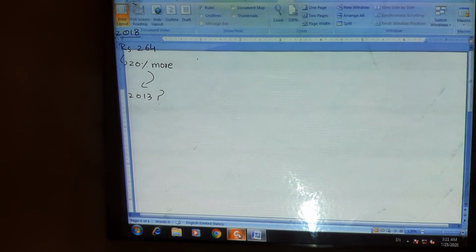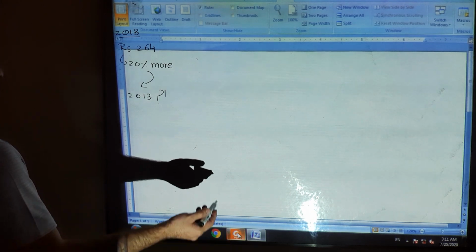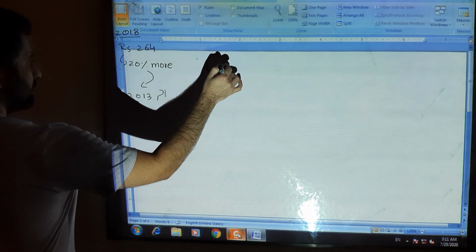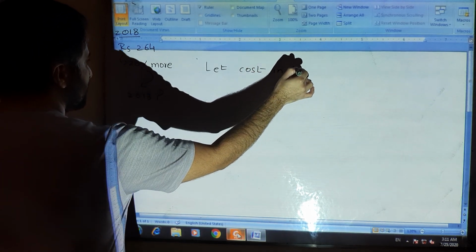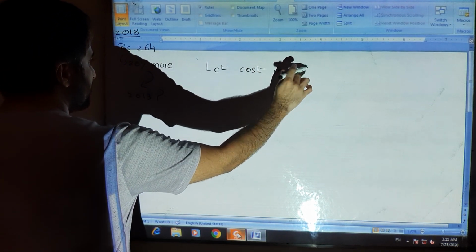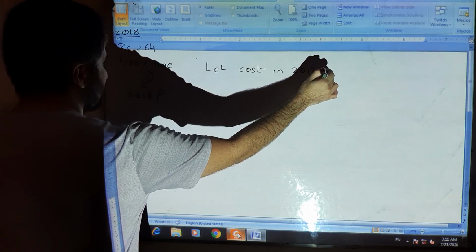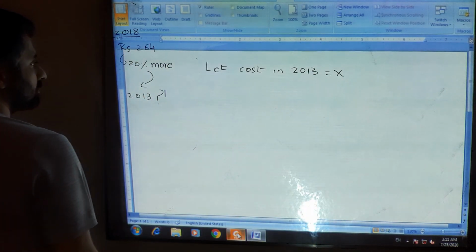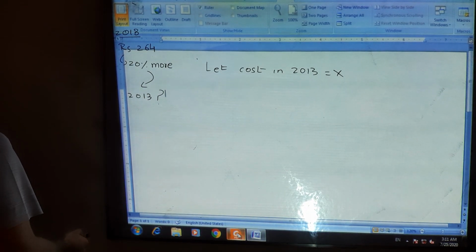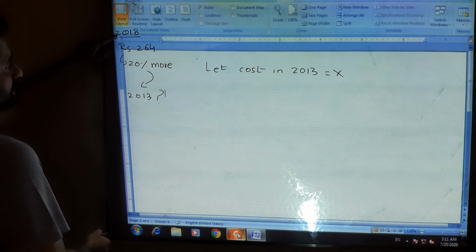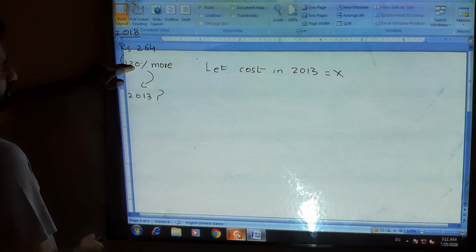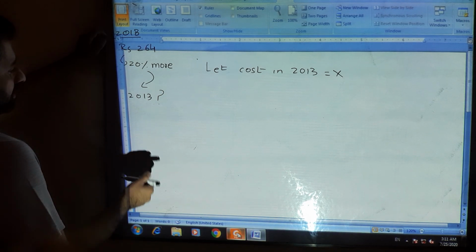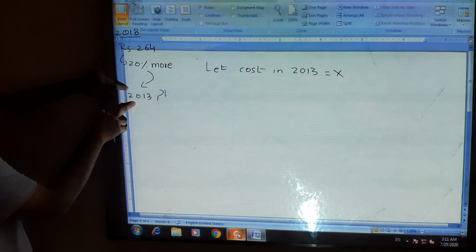Well, I don't know, that's why I let the cost in year 2013 be X, let's suppose, and the cost in 2018 is increased, this is more, and how much more? 20% more than in 2013.